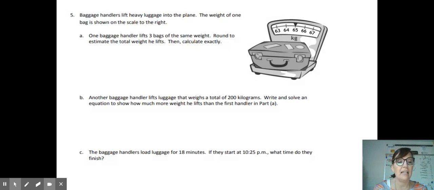Then calculate exactly. We need 2 answers here. If we round the weight of that suitcase and have 3 of those, about how much is he lifting? Then calculate the actual weight of 3 bags.